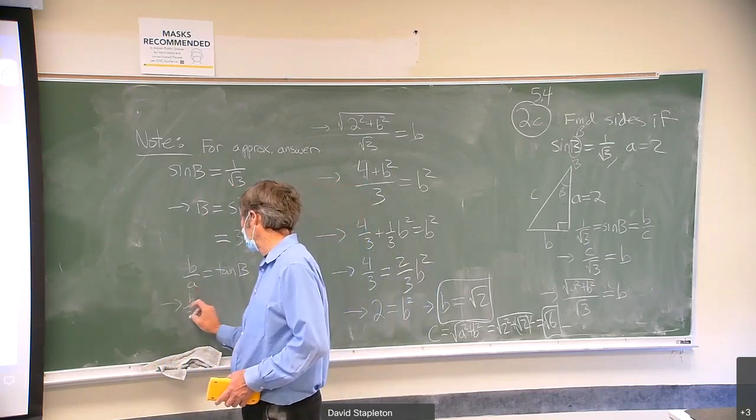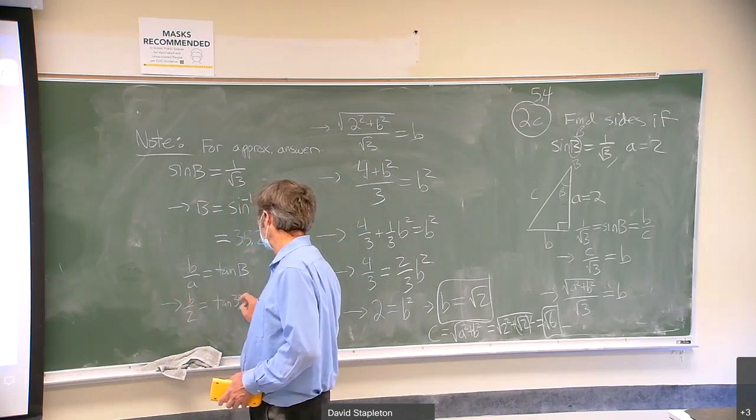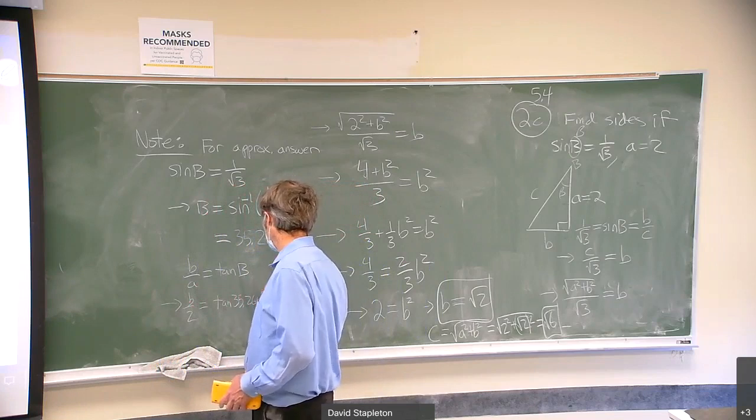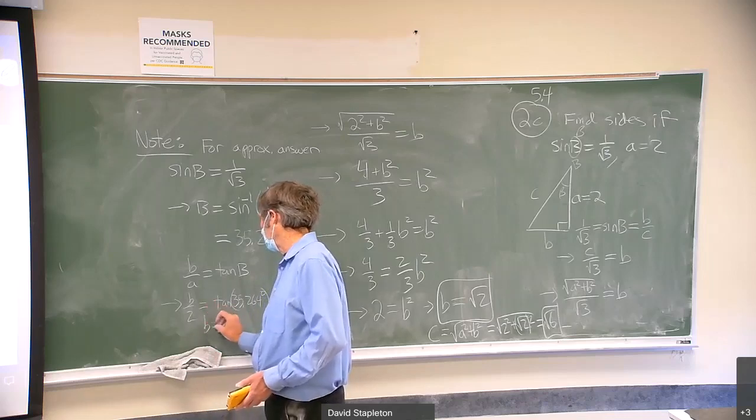We got B over 2 equals tangent of 35.264, etc. degrees. That gives you B equals twice that tangent.